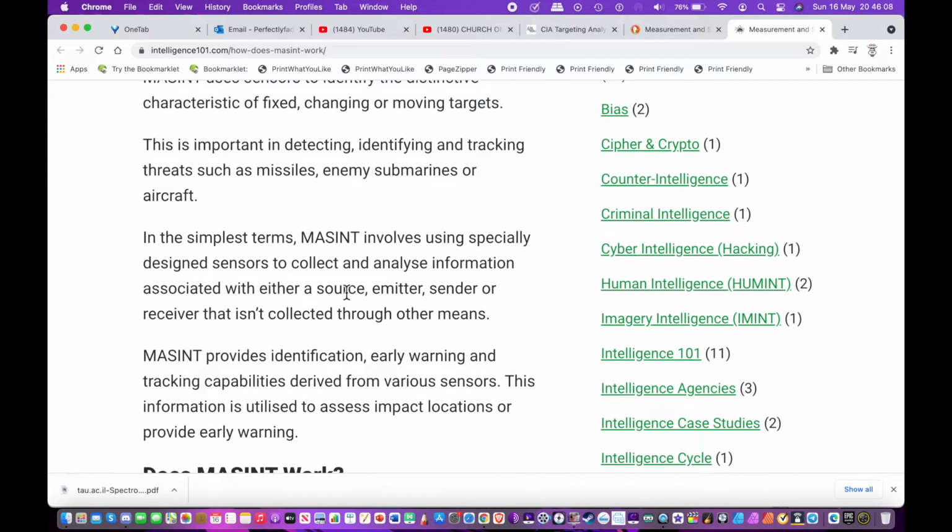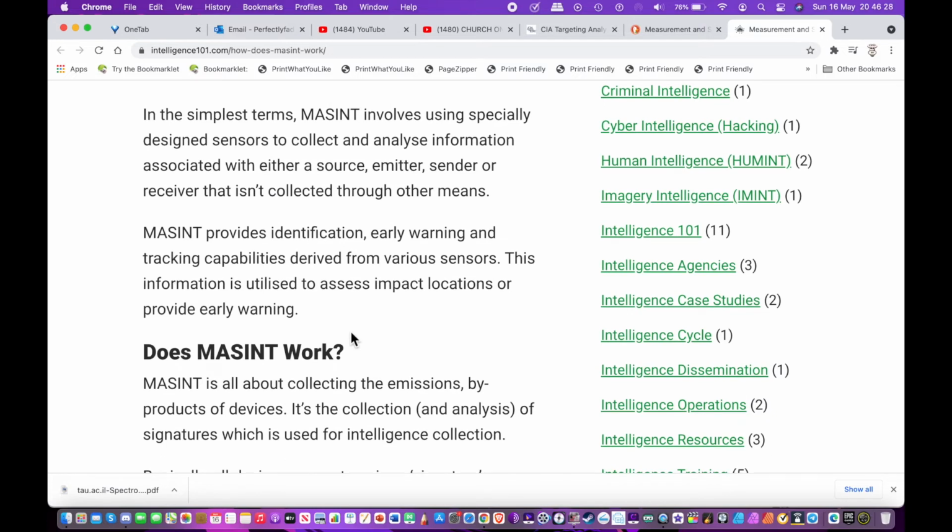In the simplest terms, MASINT involves using specially designed sensors to collect and analyze information associated with either a source, emitter, sender, or receiver that isn't collected through other means. MASINT provides identification, early warning, and tracking capabilities derived from various sensors.